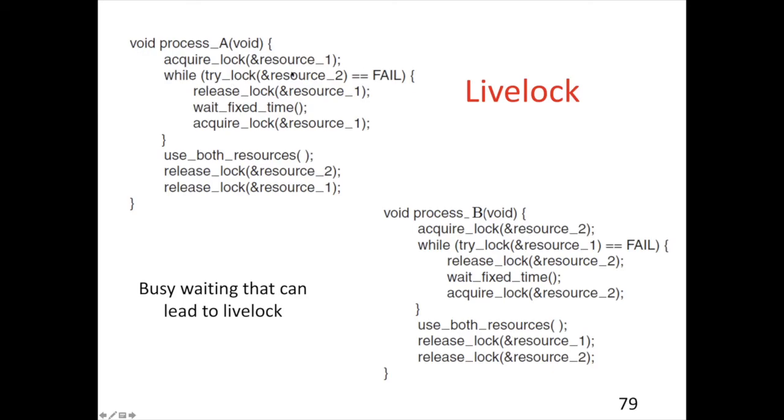It will wait here until process B releases the resource, but that will not be possible because in this step process B is applying trylock on resource 1, which is held by process A. So they will execute this step forever. There is busy waiting, so this is causing livelock. So they will never be able to terminate.